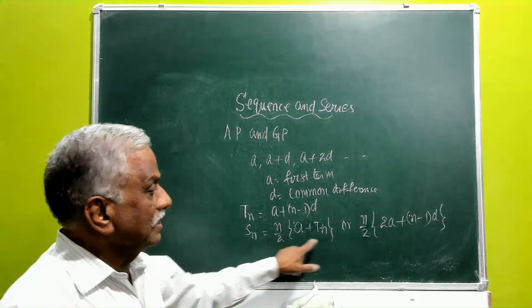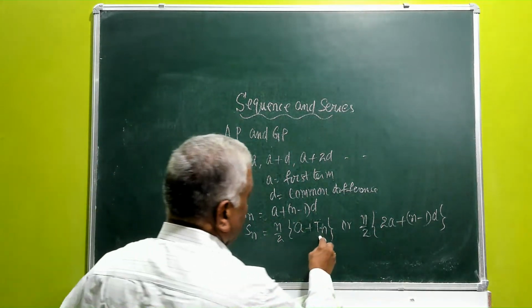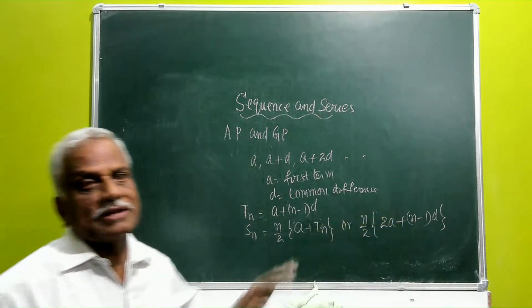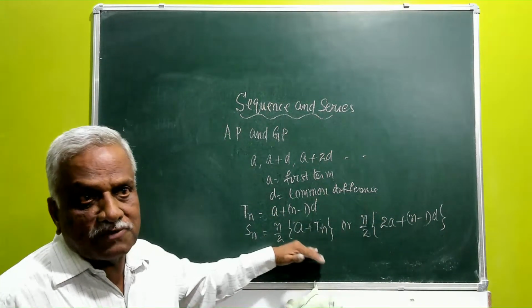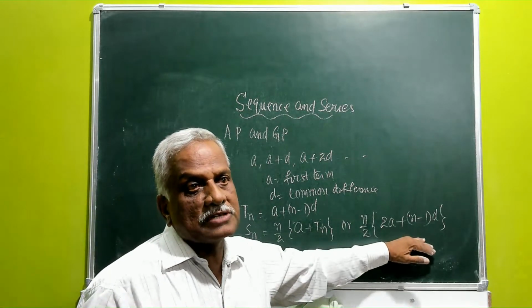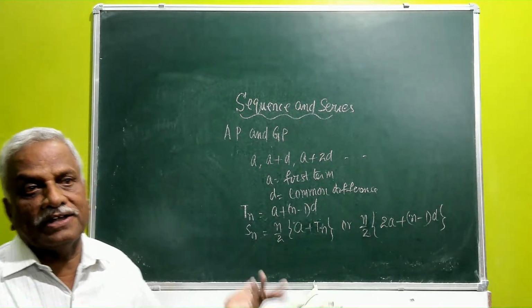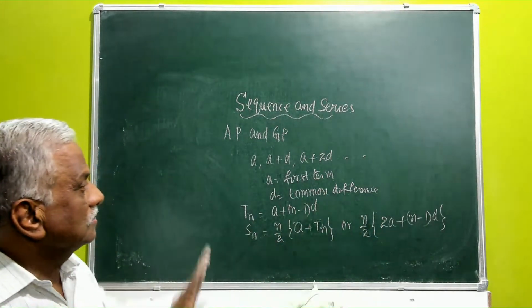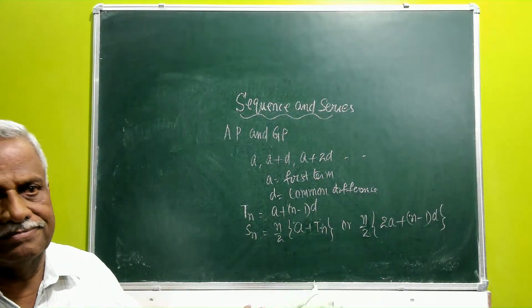Either a plus Tn or this. For Tn we are writing a plus (n minus 1) d, so that becomes 2a plus (n minus 1) d. You can use this formula when you know a and Tn. You can use the other formula when you don't know Tn, but you can find it directly using this formula. So this is all about arithmetic progression.